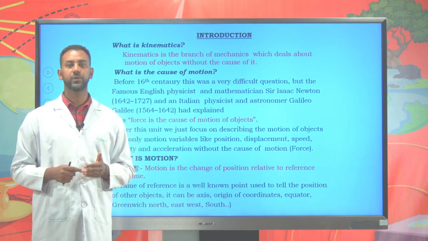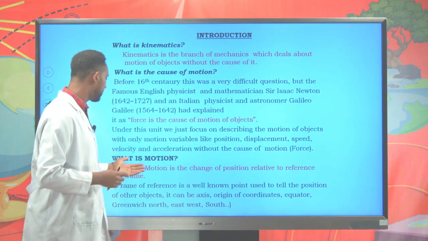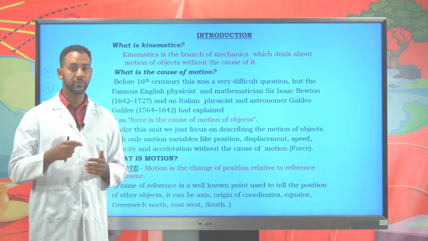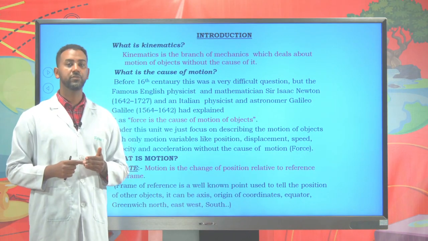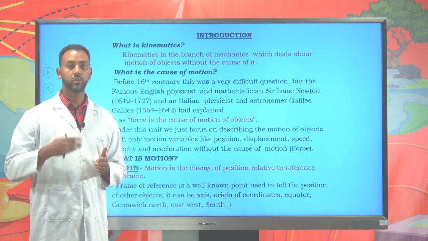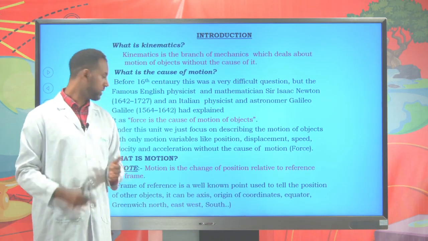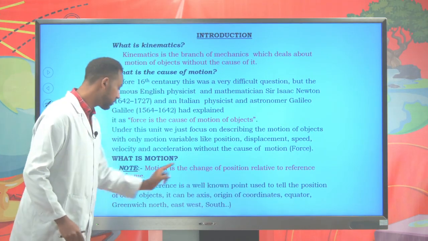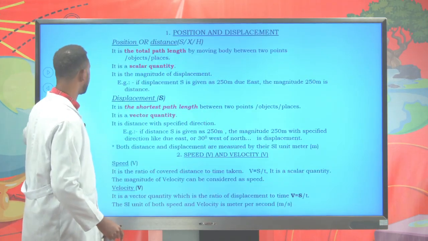Motion is the change of position of something with respect to a frame of reference. A frame of reference is very important to designate the location of other objects. Therefore, motion is a change of position relative to a frame of reference.